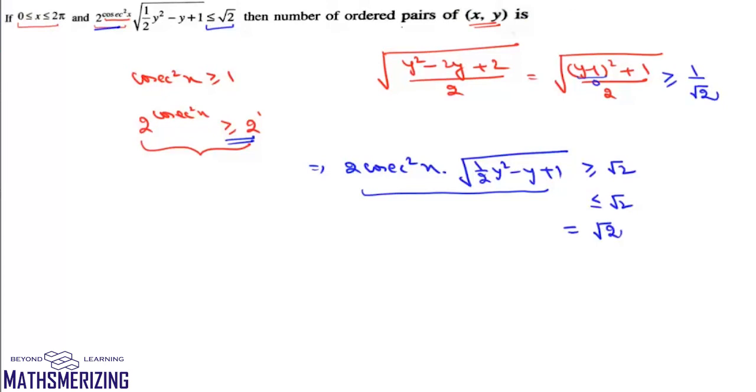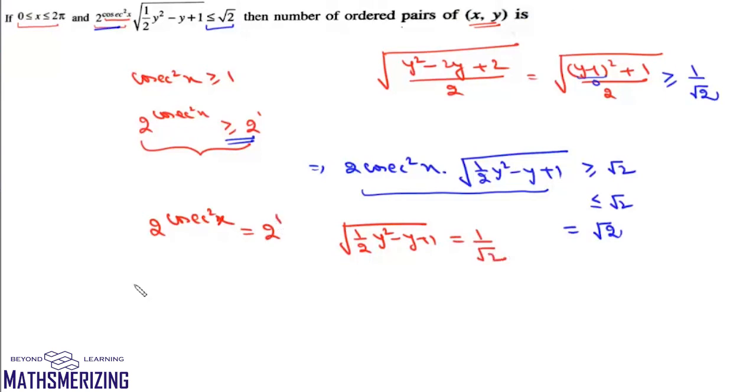Now this expression will be equal to root 2 when 2 cosec square x is 2, and when under root of 1 by 2 y square minus y plus 1 has the value 1 by root 2.